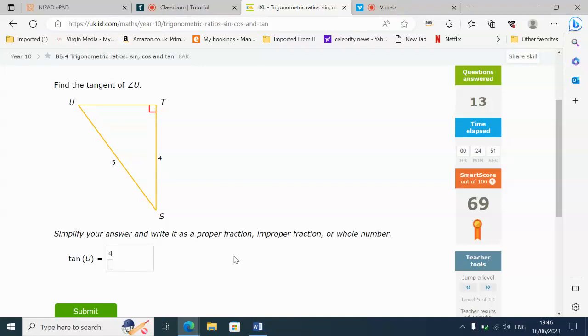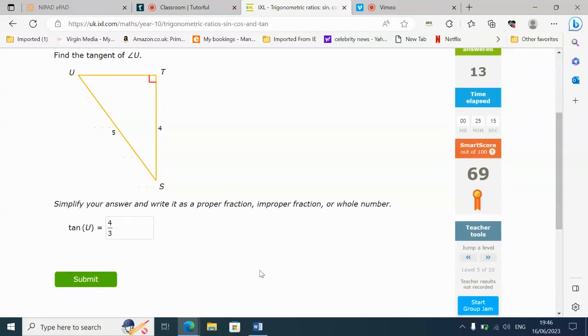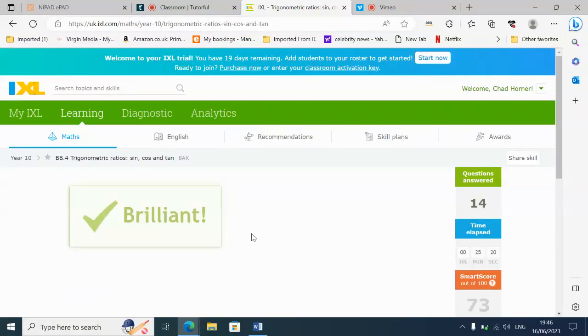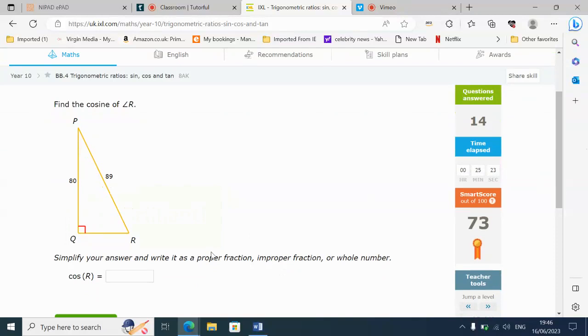So 25 minus 16 is, not 14, 9. So that's the adjacent. What do you do with the nine? You find the square root. The square root of 9 is 3. So tan U equals 4/3, opposite over adjacent. Brilliant.